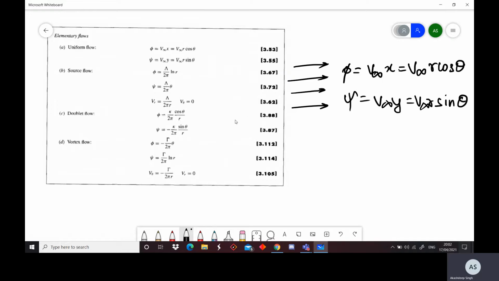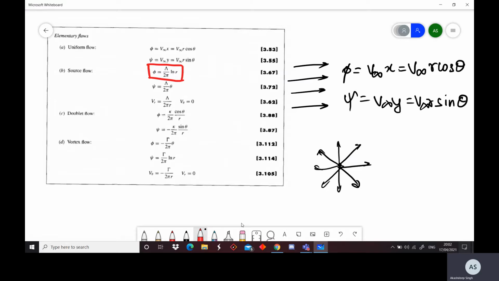So a source flow is if we assume a source having this kind of shape. This is the source, and it has flow in all directions, and the stream function is given by this particular formula. This is equal to capital lambda divided by 2 pi times natural log of r.